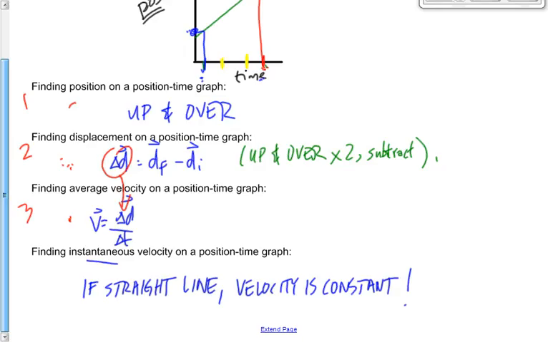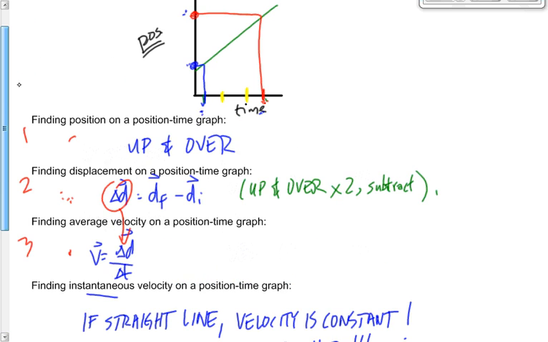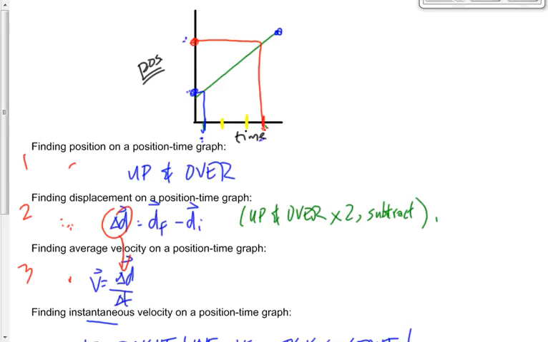So if we find the average velocity in number 3, and it's constant, it doesn't matter at what point we want to find the velocity, it's the same velocity as the third one. If the average velocity between here and here is 6 meters per second, then the velocity right here is 6, the velocity right here is 6, and the velocity right here is 6, because it isn't changing. Velocity everywhere along that, it's got to be the same.